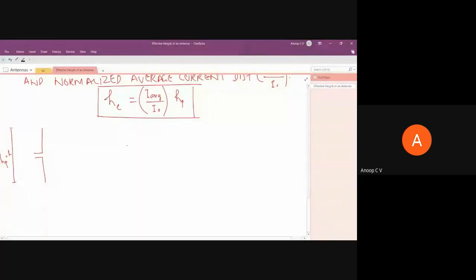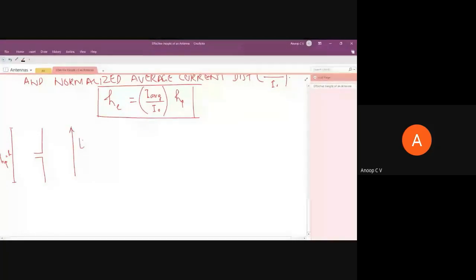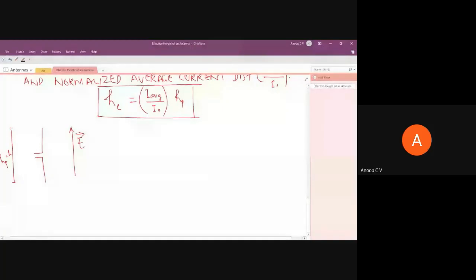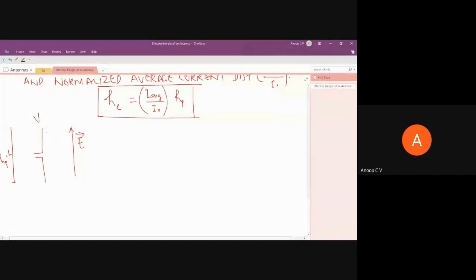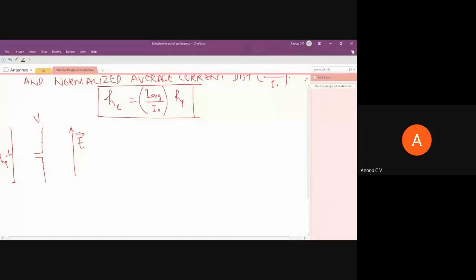It is immersed in some electric field E. Then in this case, the voltage induced will not be uniformly distributed at each and every point on this antenna. The voltage induced will not be the same.